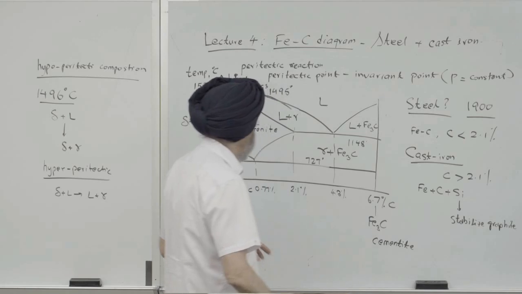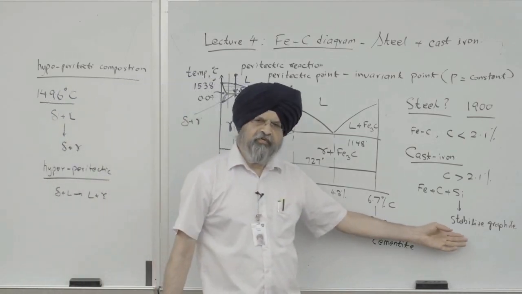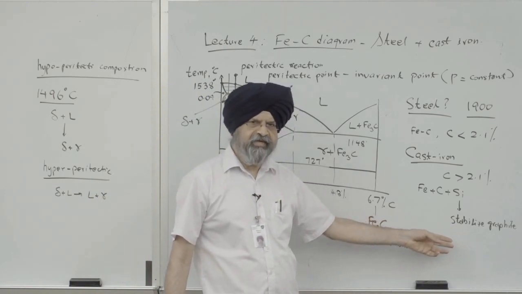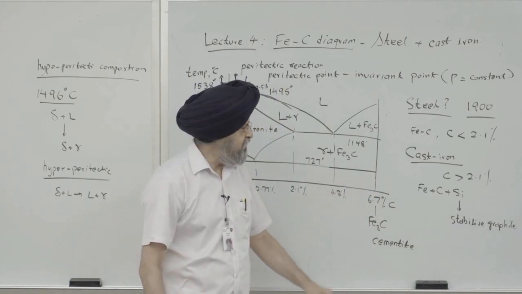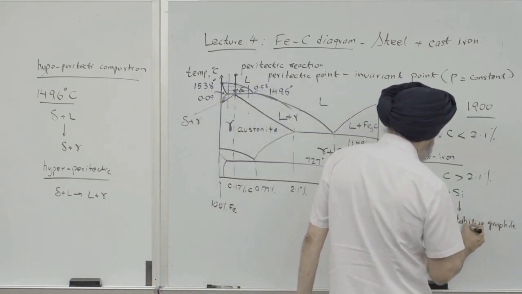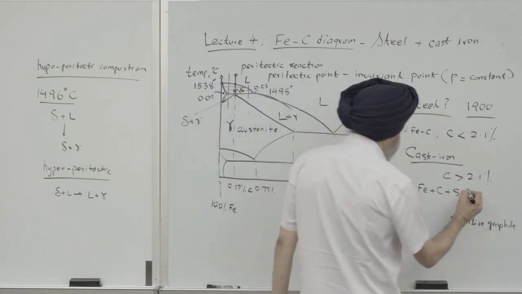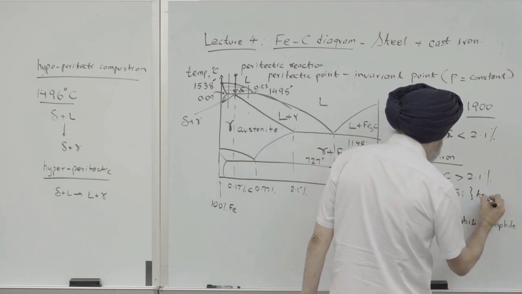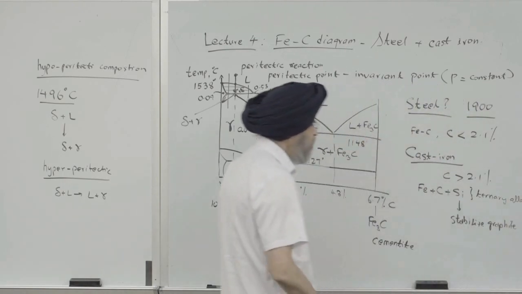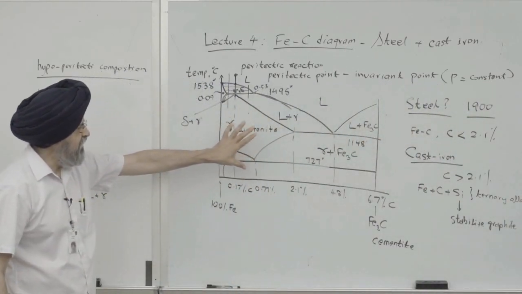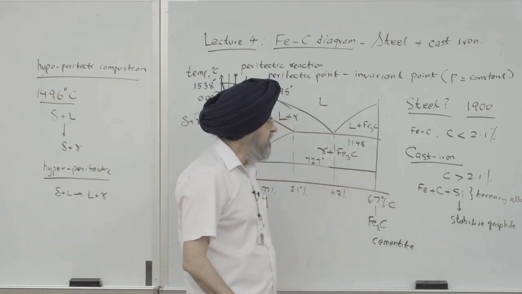So you might ask yourself, if I have an alloy of iron and carbon, why don't we form graphite? The answer is you can, but you have to add a graphite stabilizer. So silicon is a graphite stabilizer. So now this is more of a ternary alloy, right? But for all practical purposes, you can use this phase diagram or a modification of this diagram to deal with cast iron.